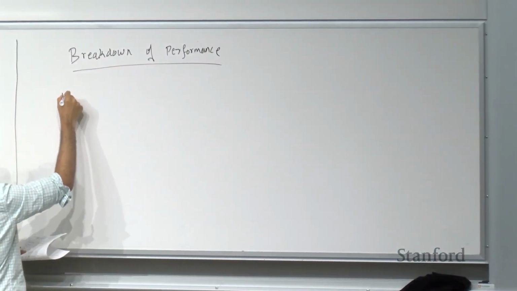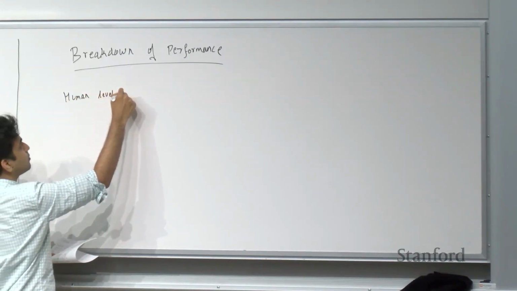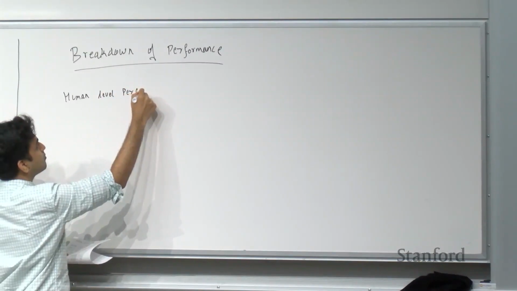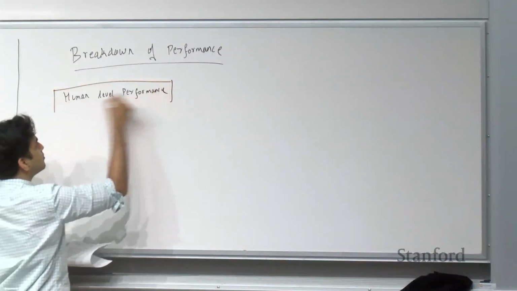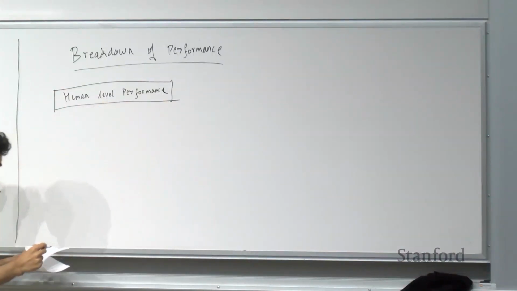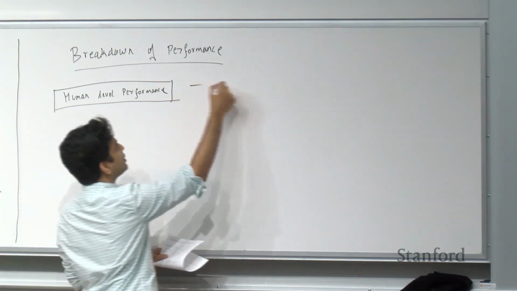So first you have, say, human level performance. And this human level performance, even though it is inaccurate, it is sometimes okay to think of this as a proxy for irreducible error.